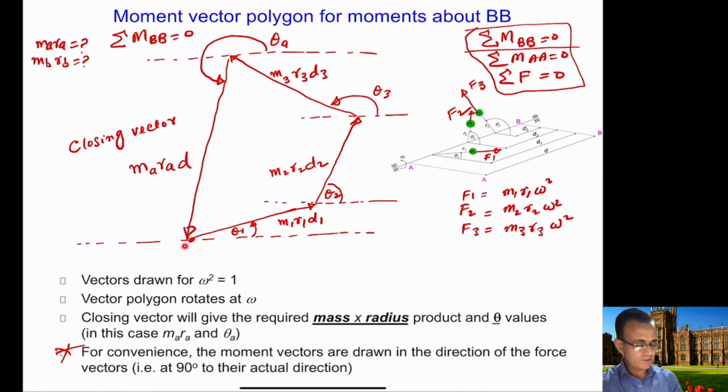But because every vector is drawn at 90 degrees to its original direction, it doesn't matter. It provides you with a straightforward procedure to calculate the direction of these forces.